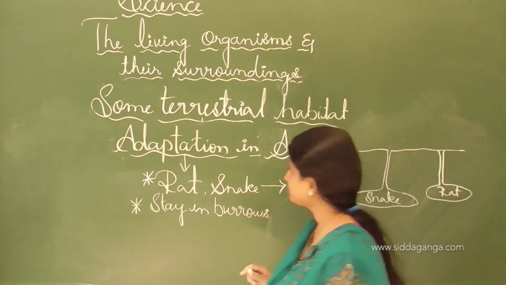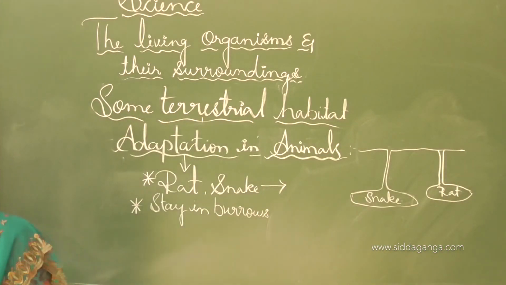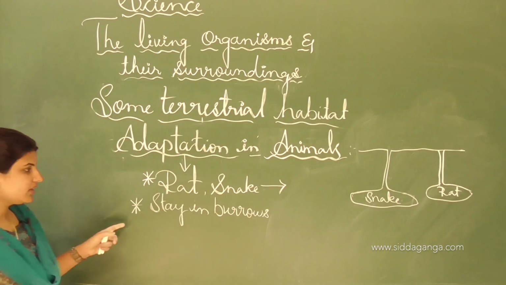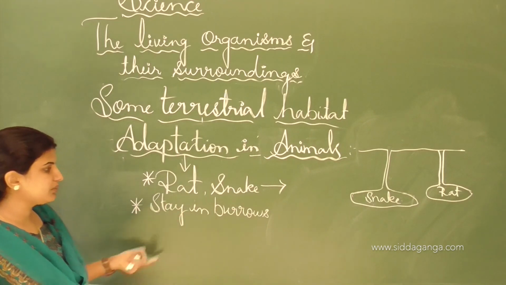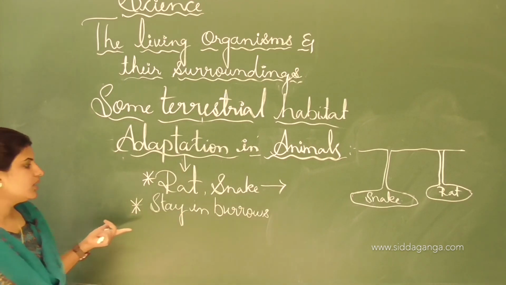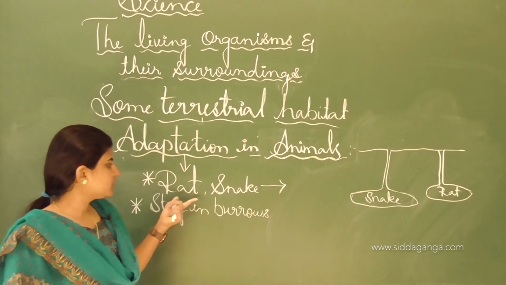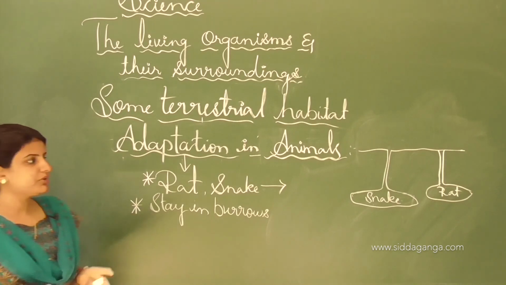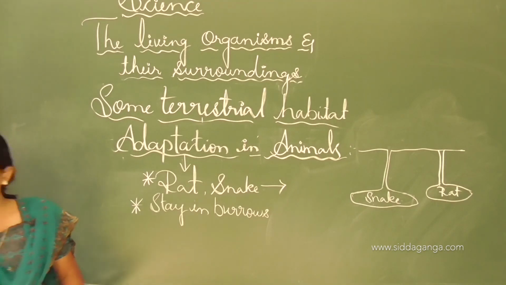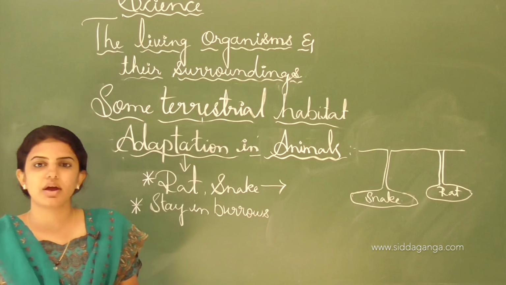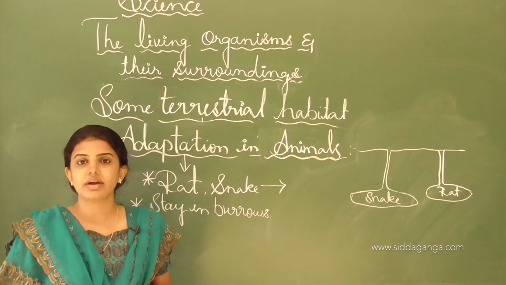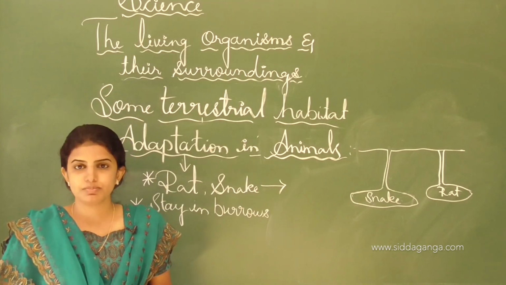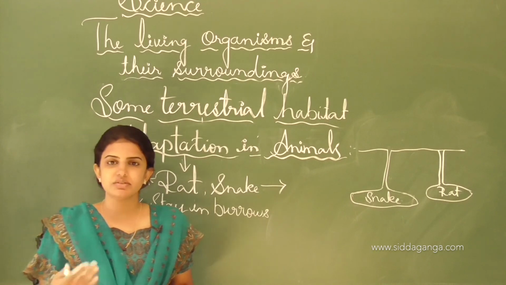This is all about the adaptation in animals, in which the rat and snake are examples, and there are many more examples, but in your textbook they have given only two or three. Once again, adaptation in plants. Plants have spines; an example of plants present in the desert regions is the cactus.